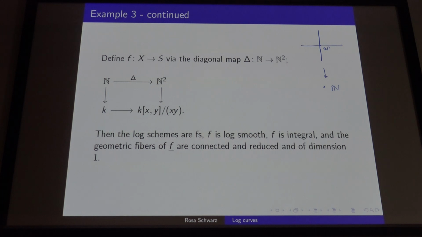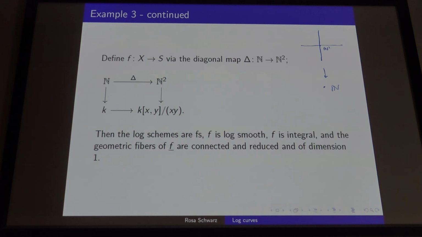Well, we've just given the charts, and they are finitely generated and integral and saturated. And the morphism is also log smooth and integral. And rather obviously, as there is now one, the geometric fibers are connected and reduced and curves.